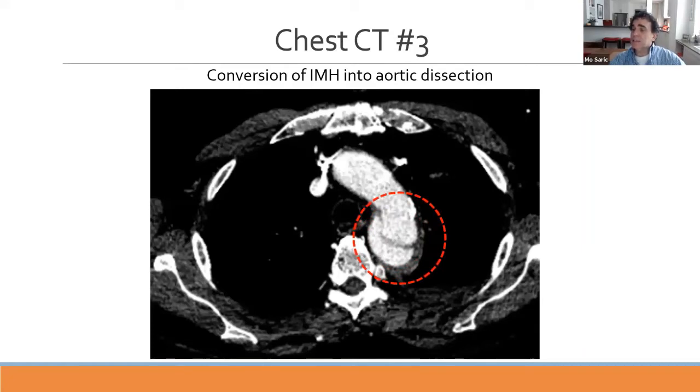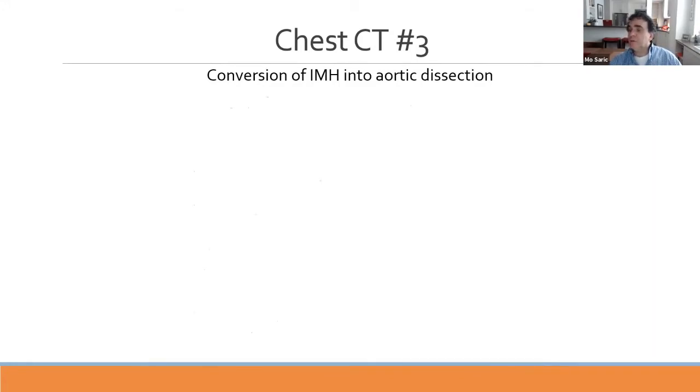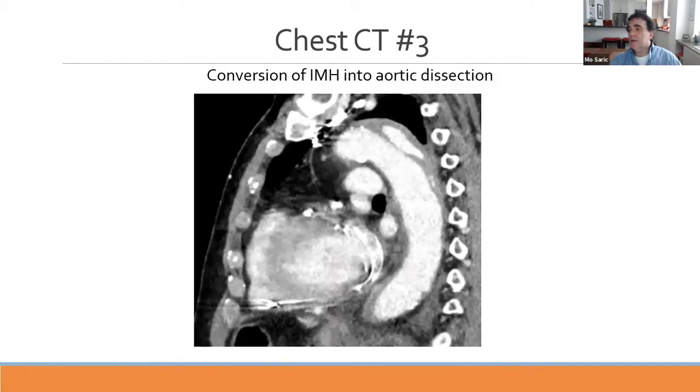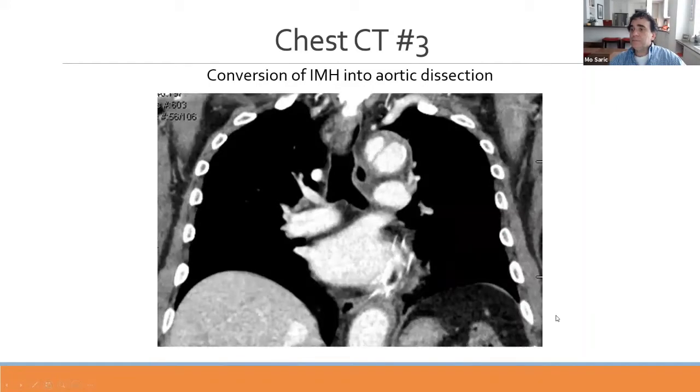Again, this is the same region of the distal aortic arch and the proximal descending thoracic aorta, and now we have development of the false lumen in that region. So now the intramural hematoma has dissected internally and then eroded into the true lumen, resulting in a classic aortic dissection.